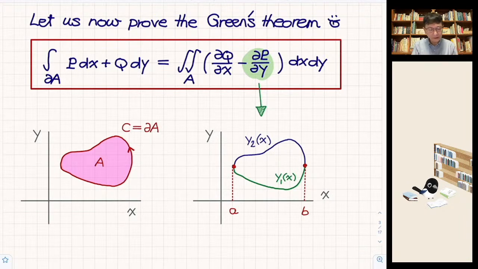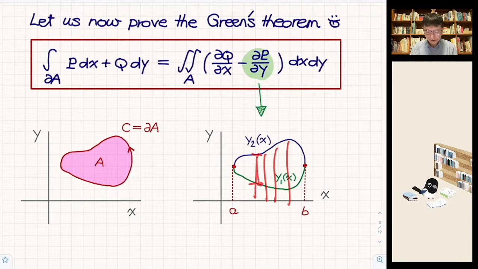So here, for instance, if I want to compute the double integral of minus partial p partial y, what am I going to do? I'm going to cut the contour into two parts, the upper part and the lower part. So then I have two functions, y2(x) and y1(x), highlighted in blue and green. And then I'm going to integrate over x.